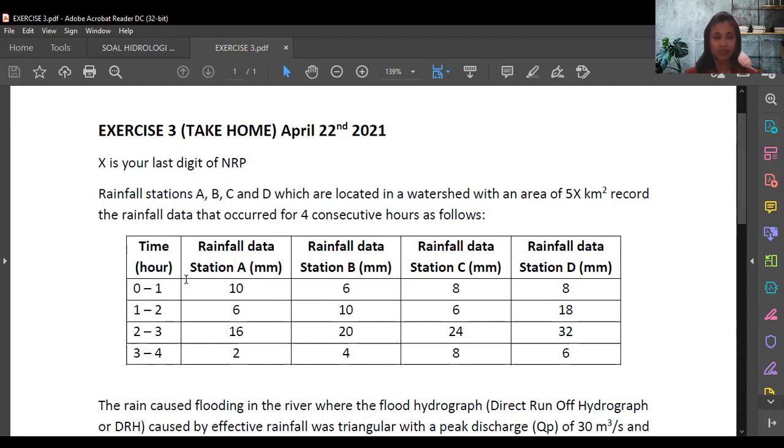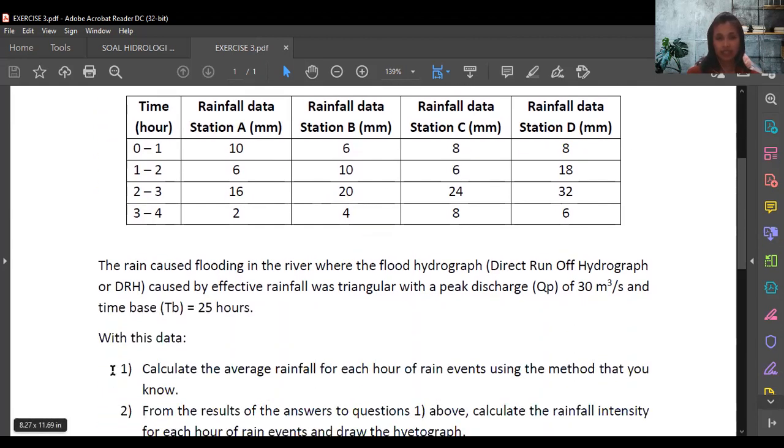And then here we have the rainfall data that occurred for 4 consecutive hours as follows. Here we have the first hour, second hour, third hour, and fourth hour. The rainfall data is different at each station, and the rain caused flooding in the river where the flood hydrograph caused by effective rainfall was triangular with a peak discharge of 30 meter cube per second and time base 25 hours.